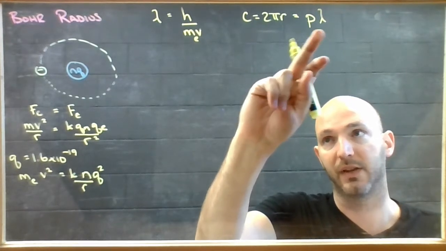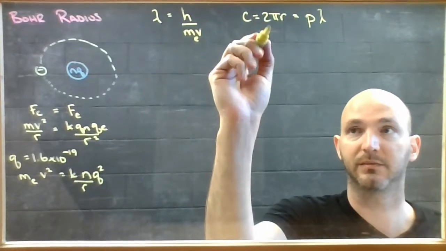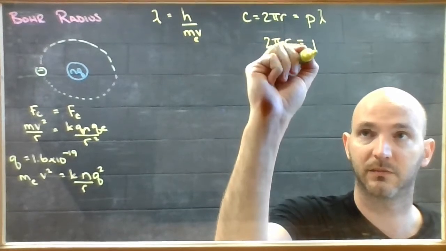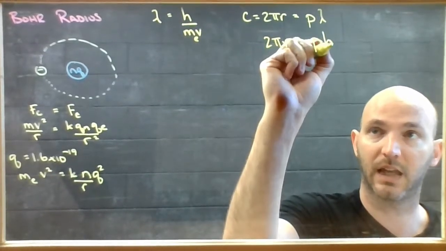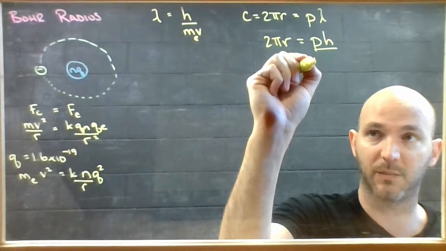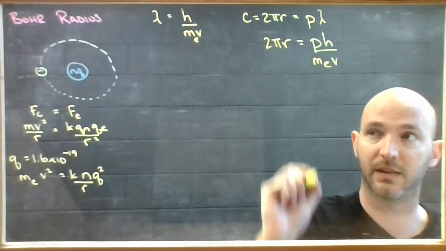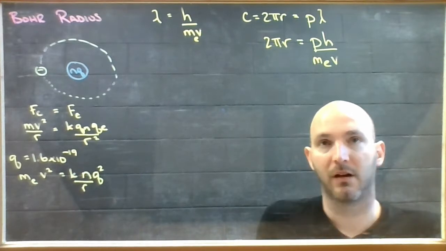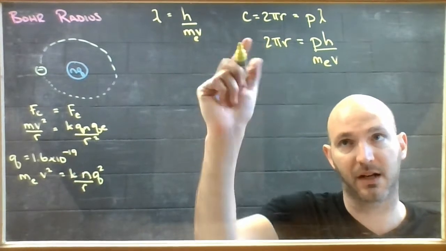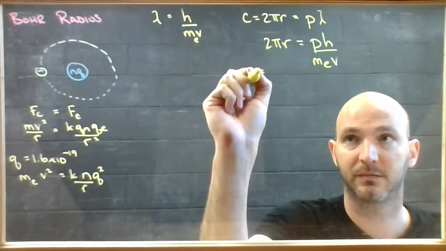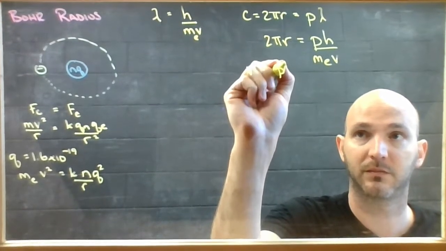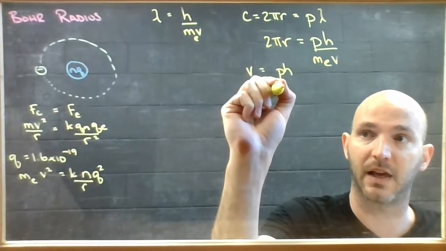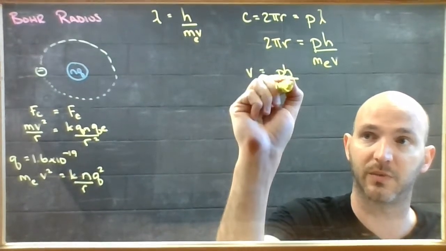My wavelength I can get from here. p h for Planck's constant, and I've got the mass of the electron and the speed of the electron down there. I'm going to arrange this so that I get the speed up top. p h, mass of the electron, over 2 pi r.